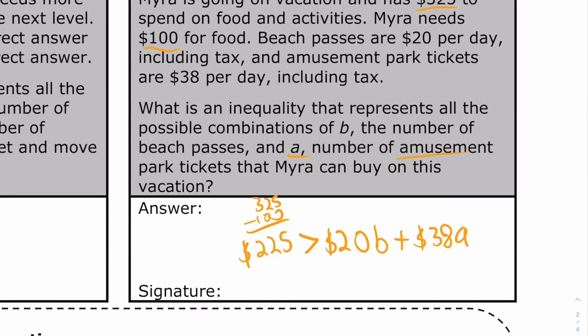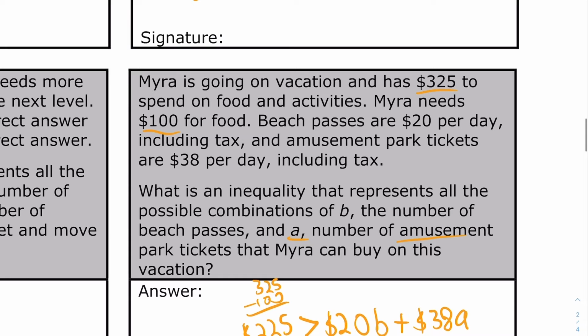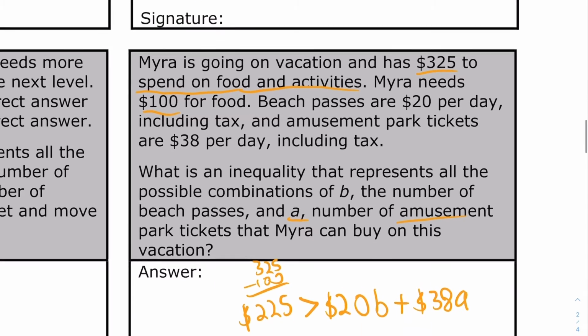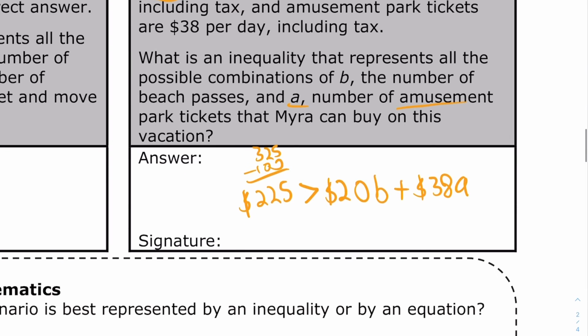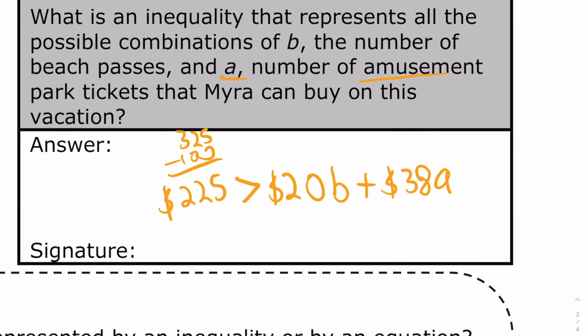Does it say or equal to? It doesn't really say or equal to 225, but it says that she has this much to spend on these activities. So she's already budgeted. She's okay with spending all of her money. So this would be the final amount.